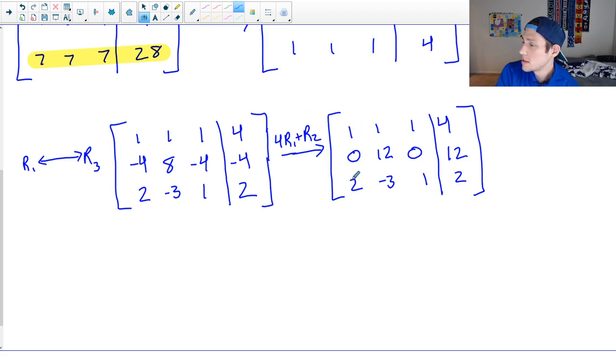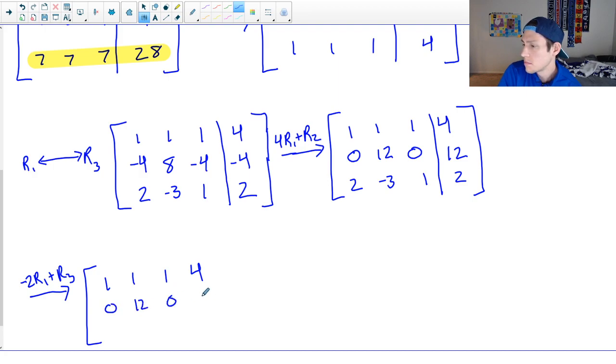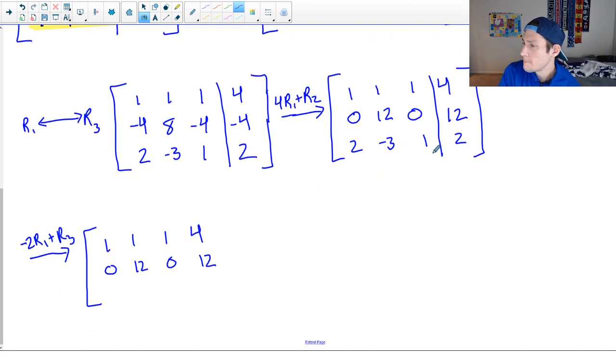Great, so I have a 1 and a 0. Now I want to get a 0 here. So what do I add to 2 to get 0? Negative 2. So negative 2 times row 1 plus row 3. Row 1 stays the same, 1, 1, 1, 4. Row 2 stays the same. But row 3 will change. So for row 3, negative 2 times 1 is negative 2. Negative 2 plus 2 is 0.